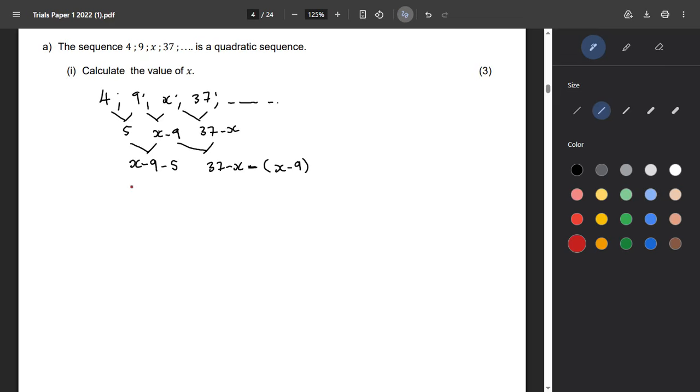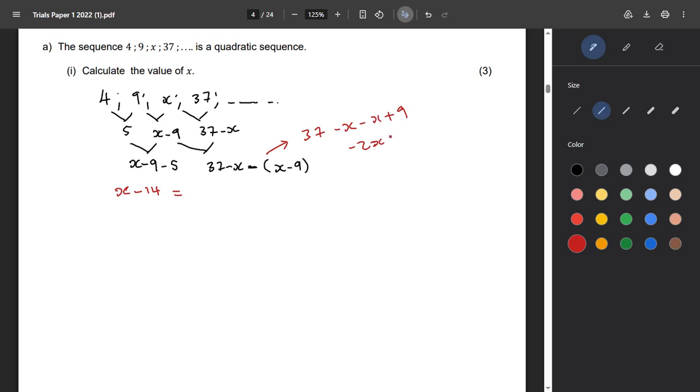So I'm going to equate. Minus 9 minus 5, that's minus 14, right? So we can equate this and say that this is x minus 14. It's equal to, we need to multiply out the bracket. So this is 37 minus x plus 9. So minus x minus x, that's minus 2x. Then 37 plus 9.